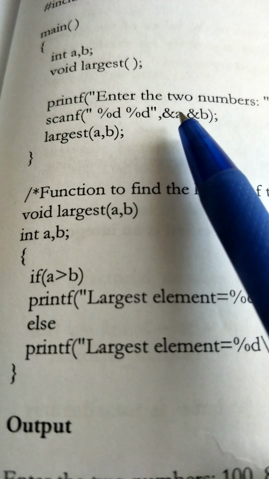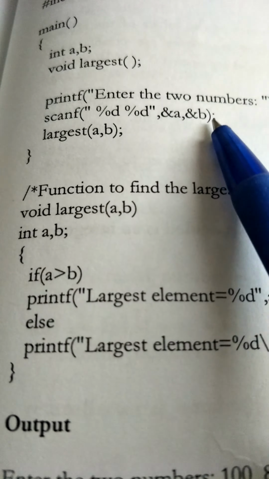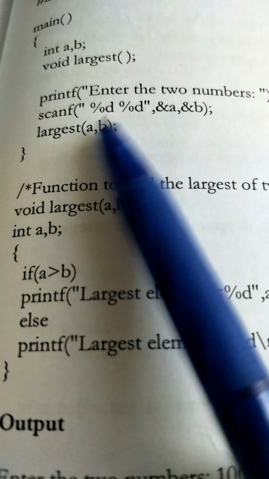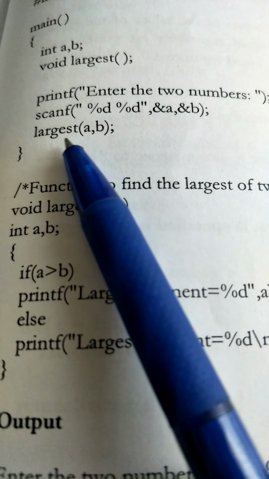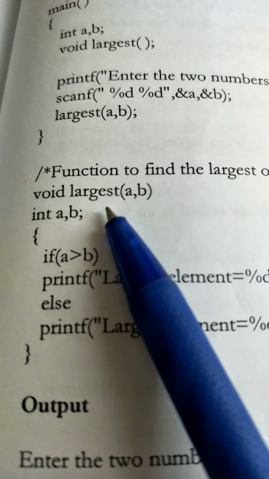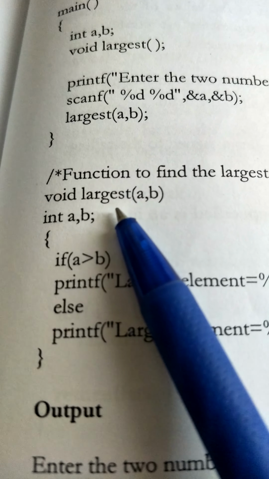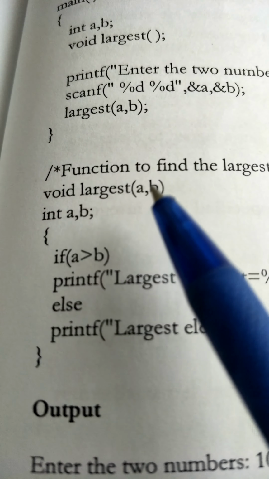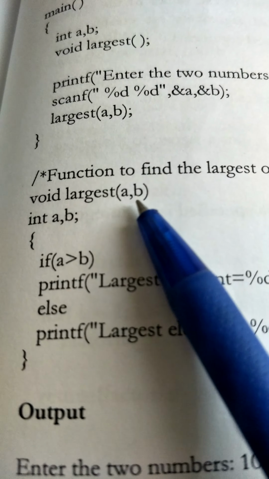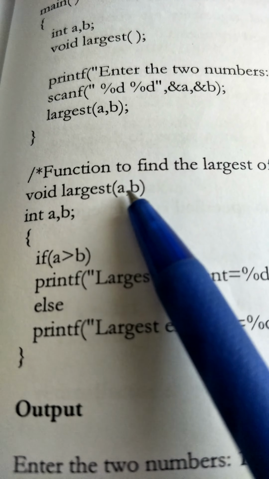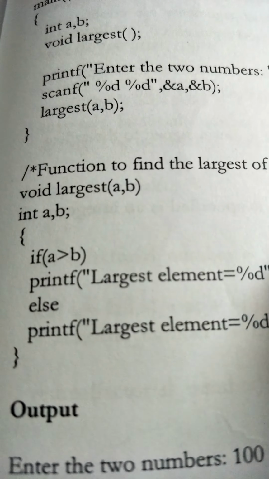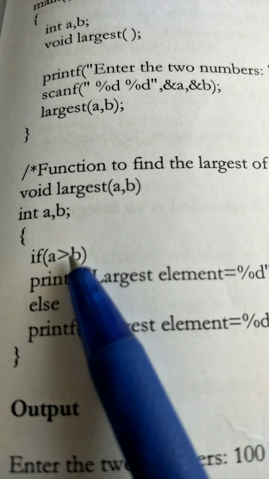When you scan, A has a value, B has a value, so this value will pass into largest. When the compiler finds this name largest, it refers directly to the function named largest. You can see here we use similar arguments. Here is A, B, here we also use A, B, no problem. Or you can change if you want, A1, B1, no problem. If you use A1, B1 here, then you have to use A1, B1 everywhere. You cannot use A, B anymore.